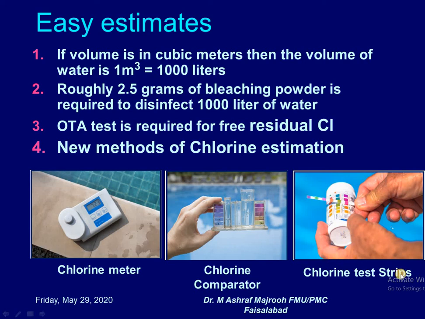These are chlorine strips, and similarly the color comparator, where the tested water is compared with the standard. And then like a glucometer, there is a chlorine meter. So these are the new instruments which are used for estimation of chlorine in the water.